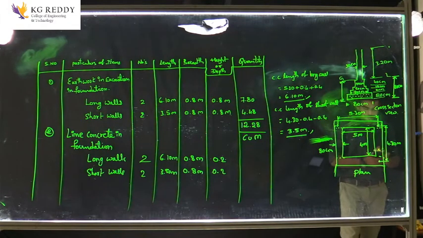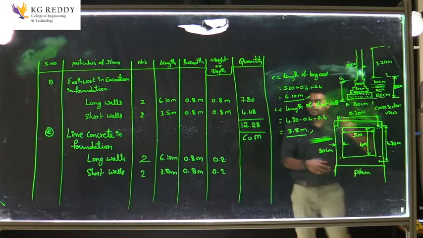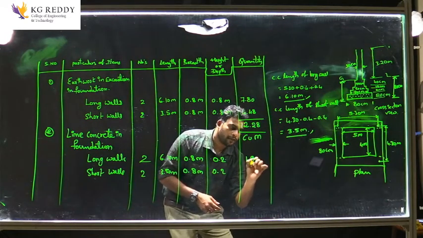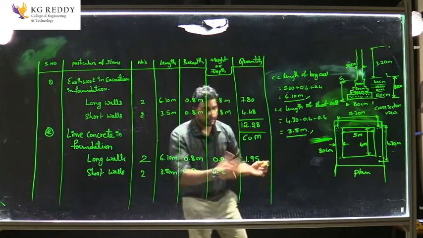So that is 2 into 6.10 into 0.8 into 0.2. That is 1.95 cubic meters. After that we will add.